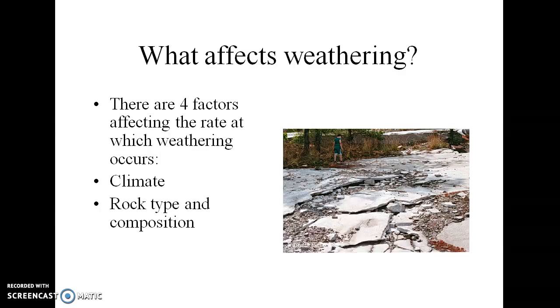In contrast, igneous and metamorphic rock, a lot of times they will weather and break down much faster through mechanical processes, versus sedimentary rocks, which of course would be very resistant to that type of weathering.